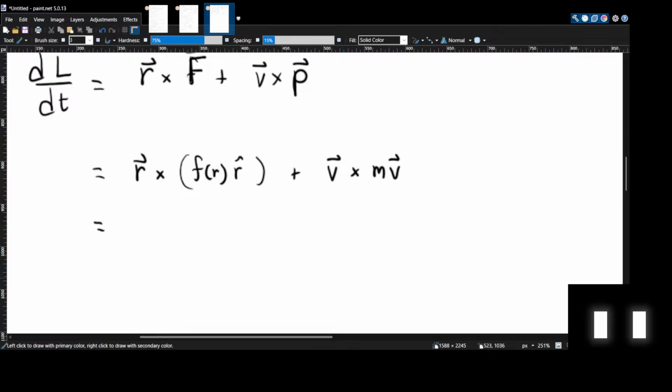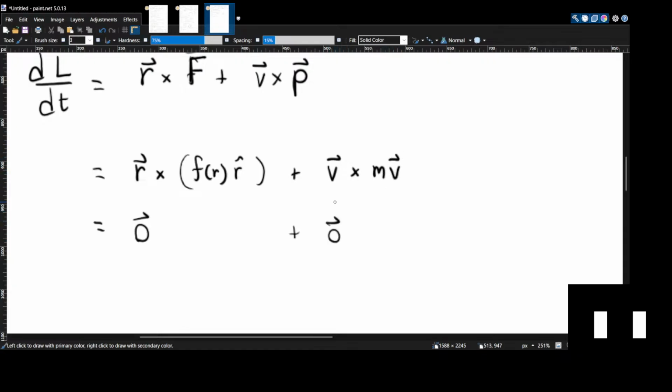Now here you can clearly see that this term is 0 because this r here points in the radial direction r hat, and this one is also pointing in the radial direction r hat. Therefore, if you cross two vectors that are pointing in the same direction, you're going to get the 0 vector. The same also applies to this right-hand side. v here is pointing in the same direction as v.